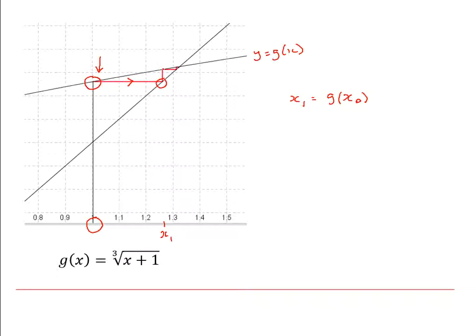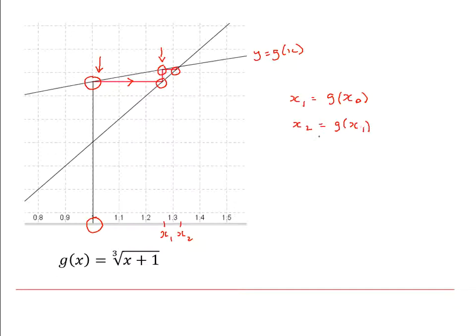and then the process just repeats itself. So we go up to the curve again, and then along to y = x, so that x2, which is about there, has the same y value as this point here, which was g(x1).